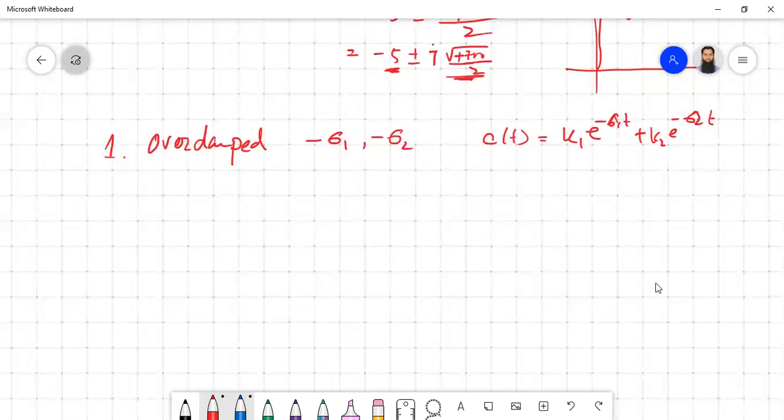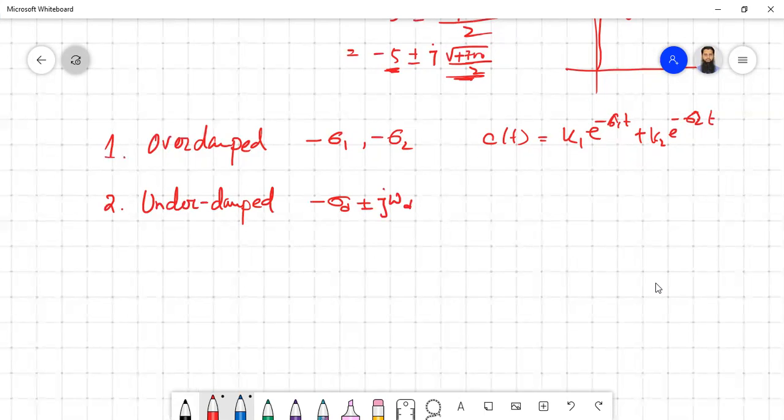The second case was the underdamped response. In that case, we had a real portion as well as an imaginary portion. Something like this.